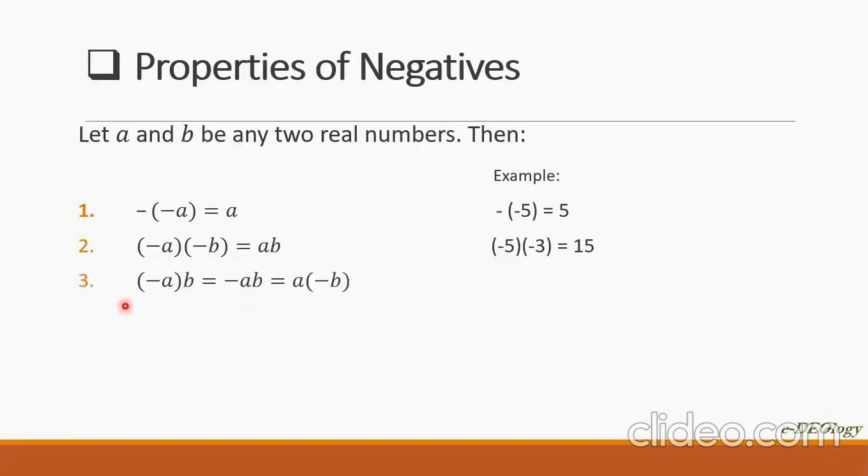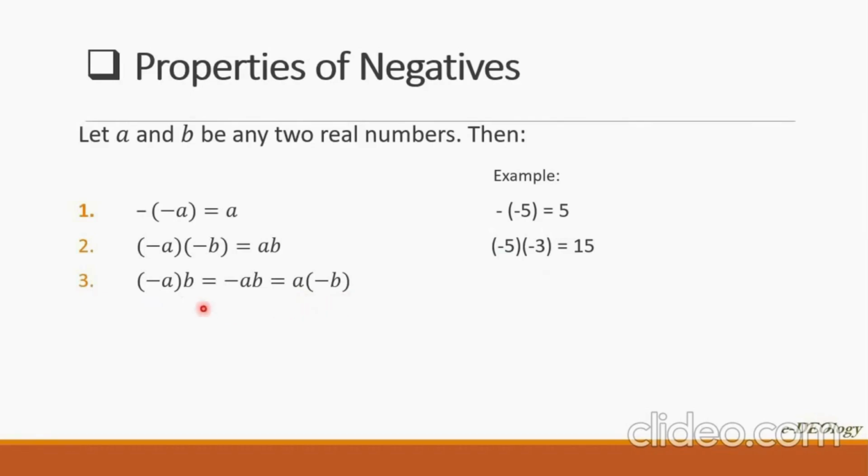The third one is when we're to multiply two numbers of opposite sign, one is negative, the other is positive. As you see here, this is negative A multiplied by positive B. On this rightmost part, this A is multiplied to negative B. So they have different signs.